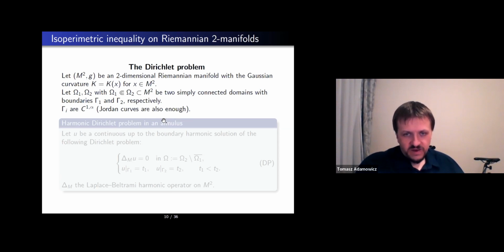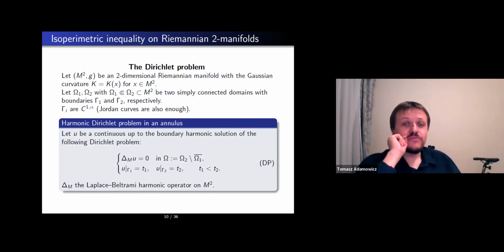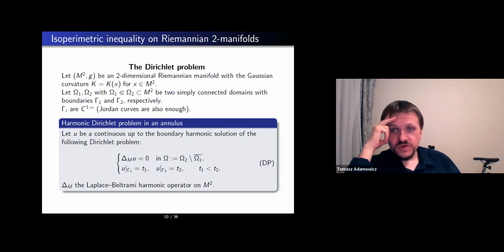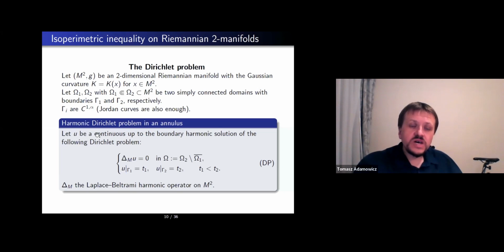But in the second part of my talk, you will see that this assumption can be weakened to allow Jordan curves as well. And so the harmonic Dirichlet problem in an annulus that we will be interested in is the following. We will be considering solutions, continuous up to the boundary, of the Laplace-Beltrami equation in the annulus with constant boundary data.